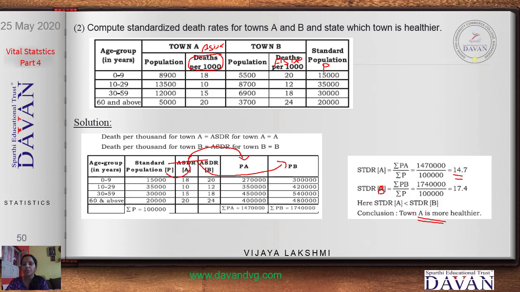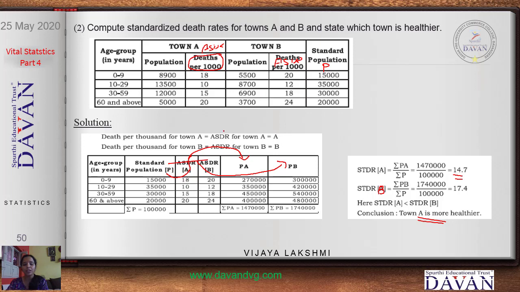Given the question, be very clear. In the previous problem, they had given you the deaths, so you had to calculate the ASDR. But in this problem, they have directly given you the ASDR values of town A and town B. So you need not add up the column of ASDR for both the towns.